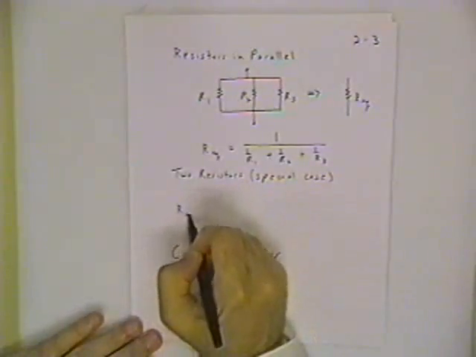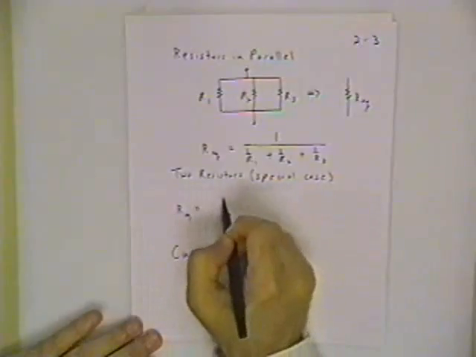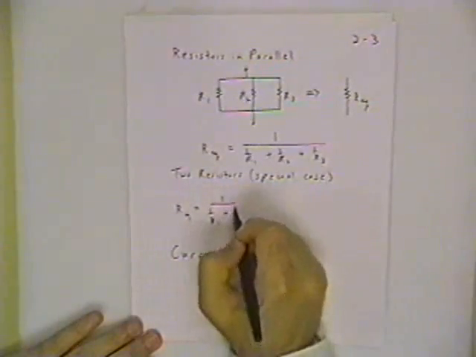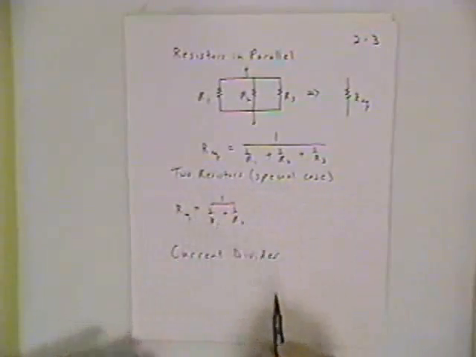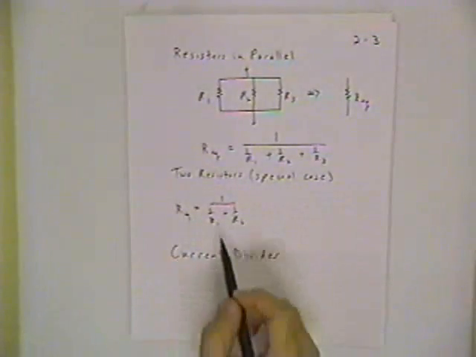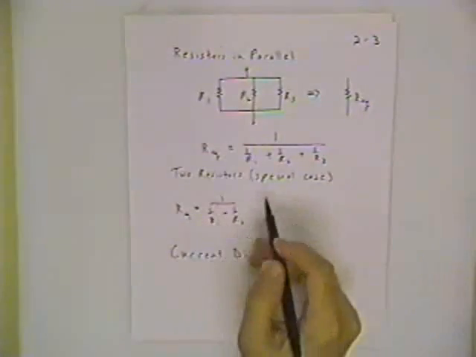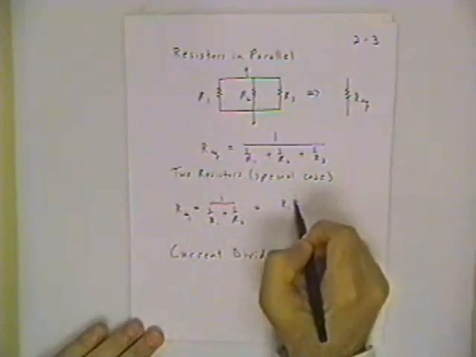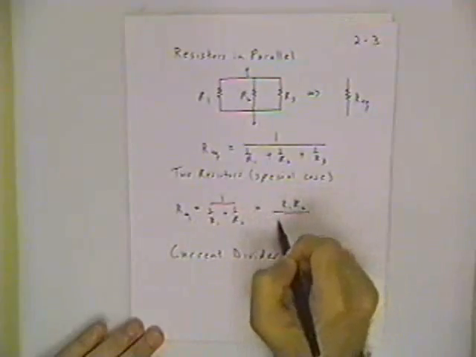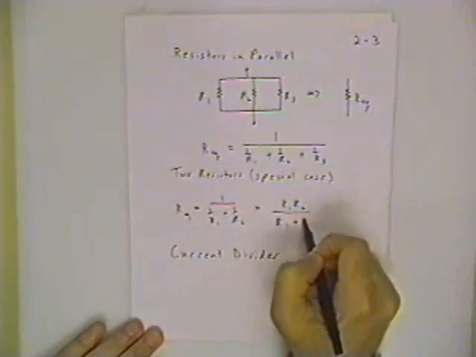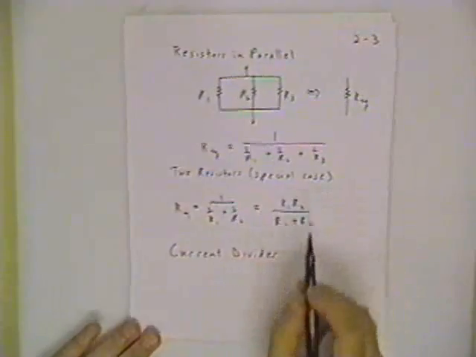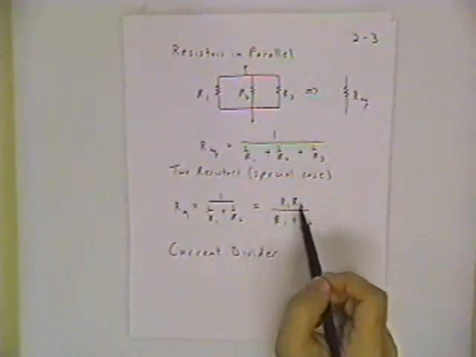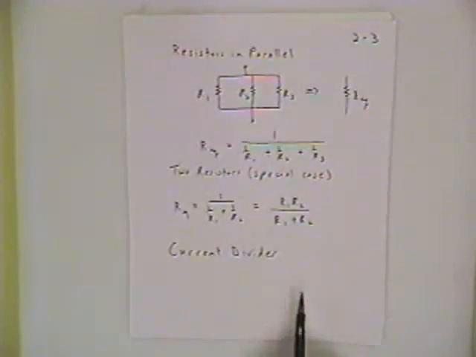Now if you have two resistors in parallel, that takes on the special form 1 over R1 plus 1 over R2 inverted. And you can do the intermediate algebra here to show that what you get is the product of the two resistors over the sum. And this is a useful, handy expression. It's the product R1, R2 divided by R1 plus R2.